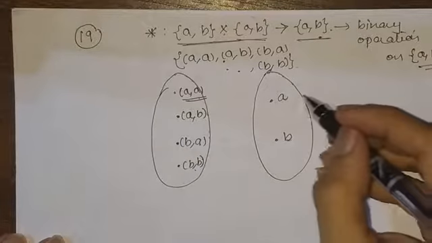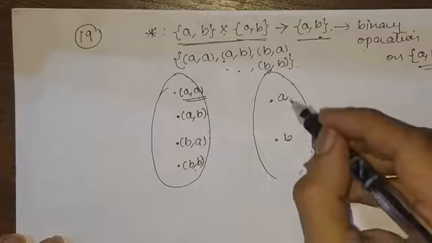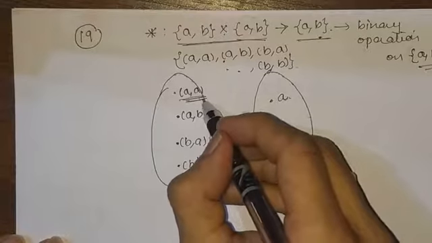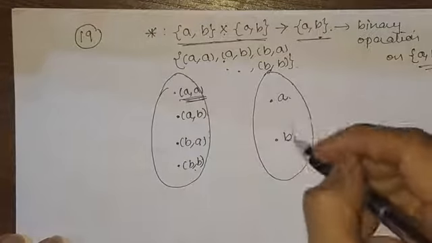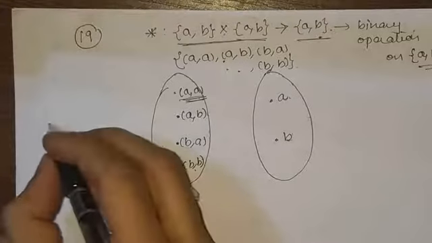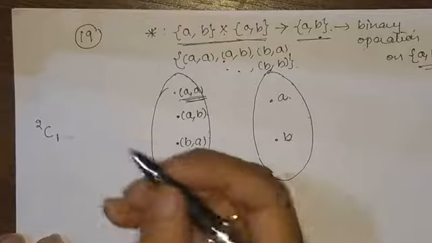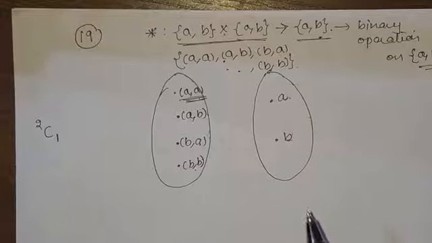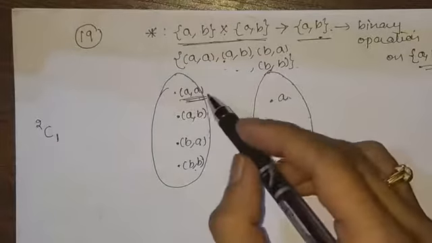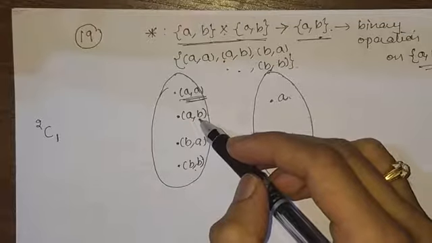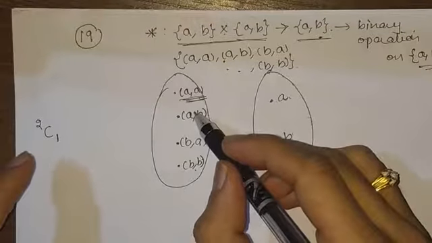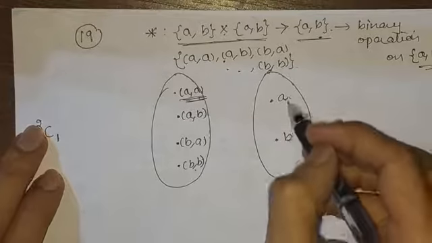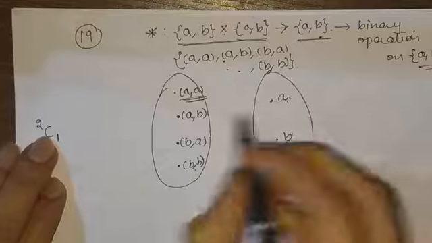So in how many ways can you select the image for this element in the domain? That is 2C1. What we are doing is building a function, that is, assigning images to the elements in the domain of the function. So this first element has two choices, so 2C1.